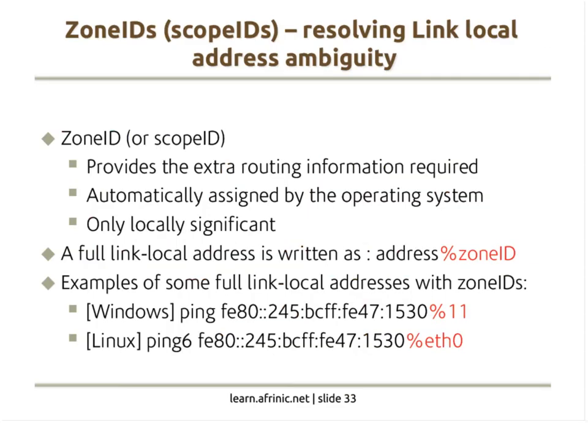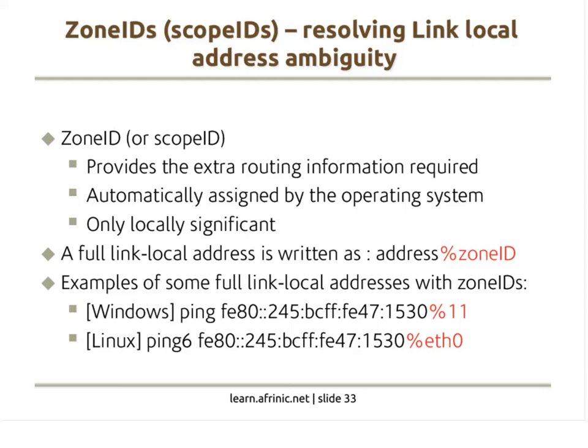Another one is a zone ID, resolving link local address ambiguity. So the zone ID provides the extra route information required, and these are automatically assigned by the operating system. The reason we have zone IDs is that all link local addresses in a host have a common prefix.